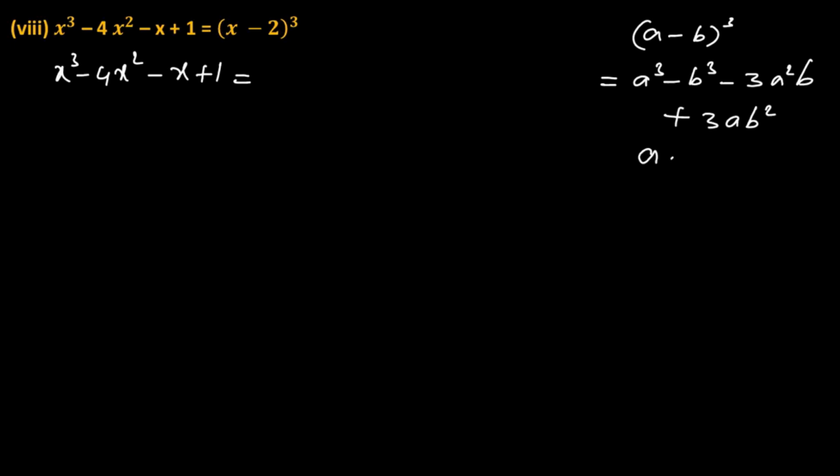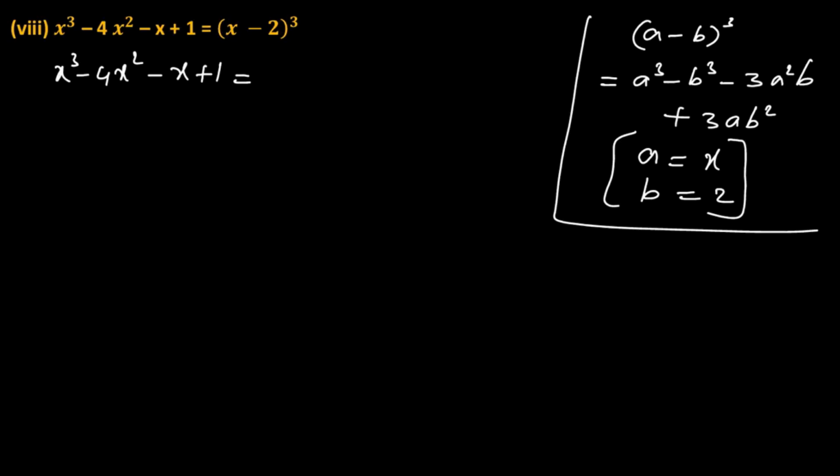Here a value is x and b value is 2. So let us substitute x cube minus 2 cube minus 3 into a square, x square, into b, 2, plus 3ab square.